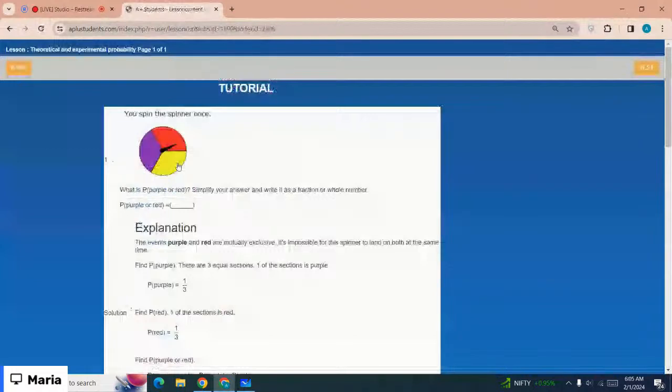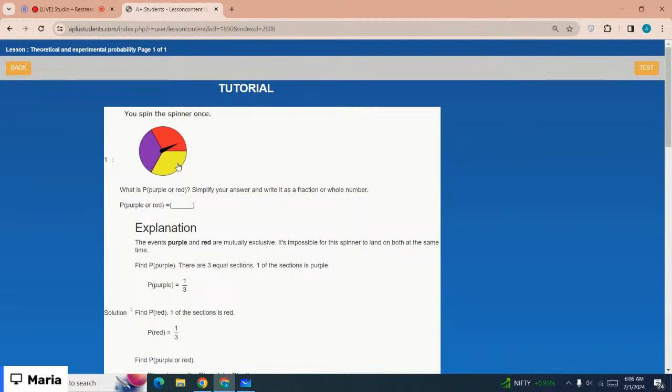Okay, let's just start with the first example. You spin the spinner once. What is the probability of purple or red? So purple or red are two different events. First, let's just calculate the probability of red. You have only one portion that is red out of 3, right?